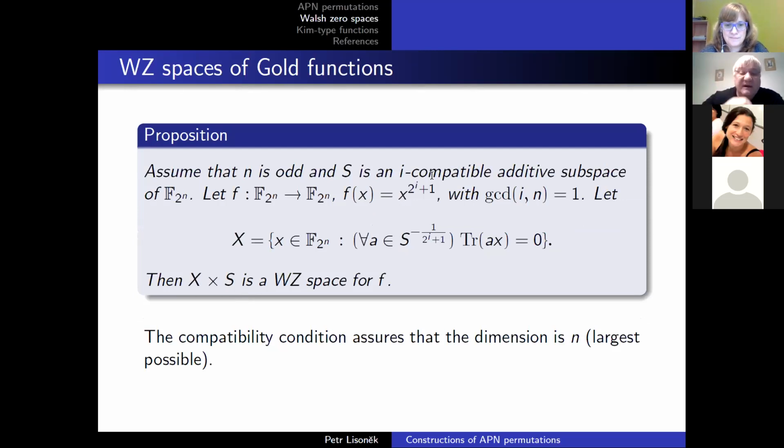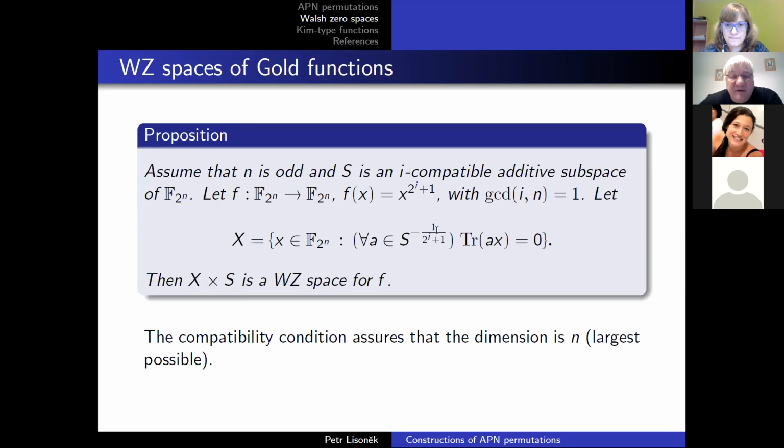So this is a product construction. I showed an example of a direct construction of a WZ space; this is a type of product construction. You take an I-compatible subspace S, and then what you do is essentially take the trace dual of this set, because this exponentiation operation is a permutation.